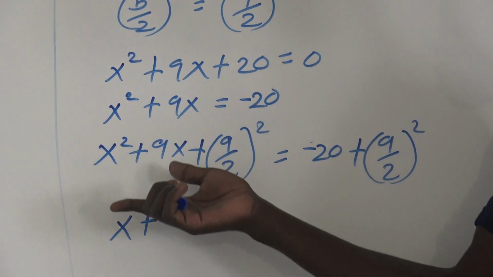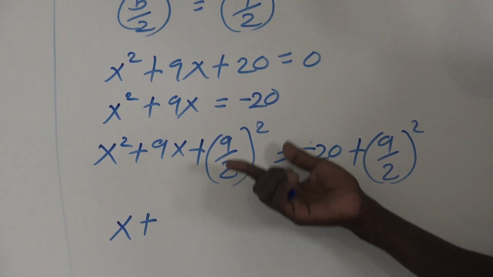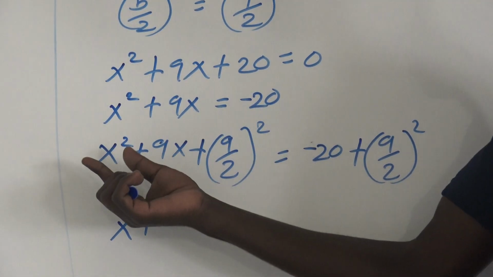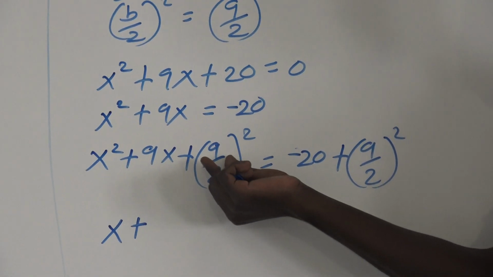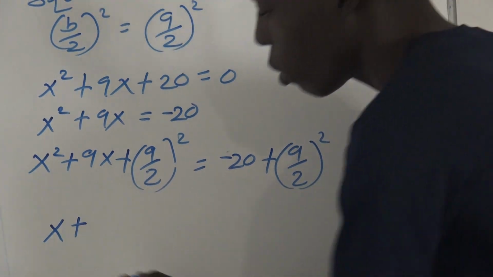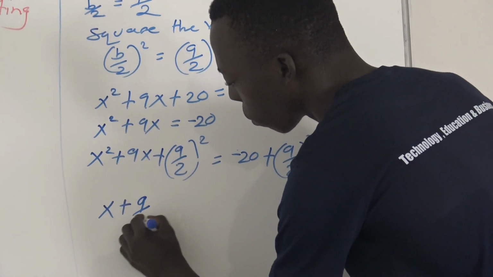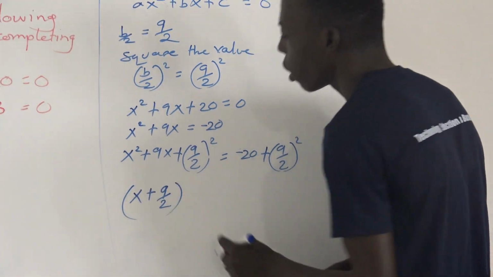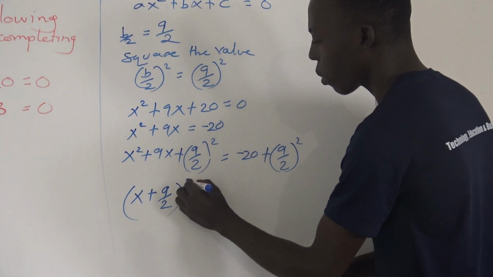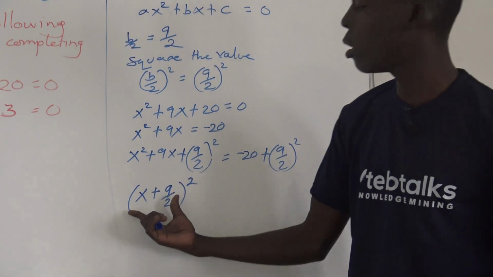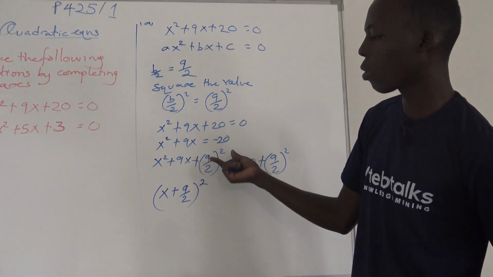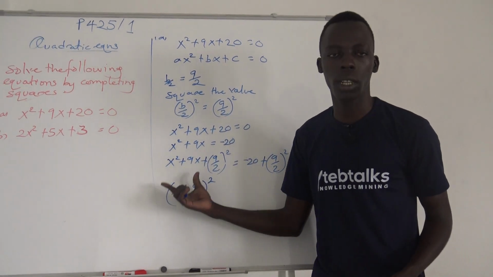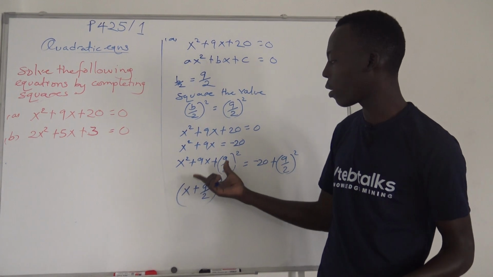If it was negative, you say minus. So after writing this one which is not squared, also add this number which is not squared. So it will be 9 out of 2. Then the square, you apply it outside, so that when I expand this one, I get something which is the same as this. If you try to expand this, you find that it will be the same thing.